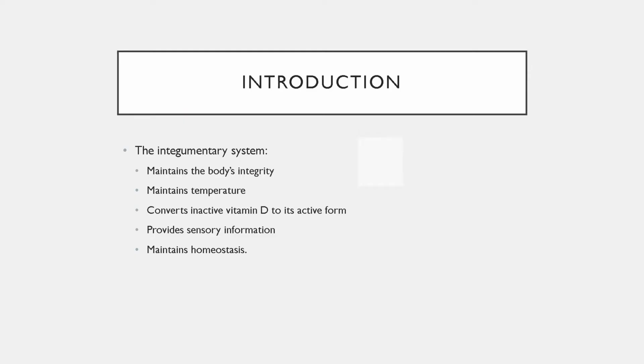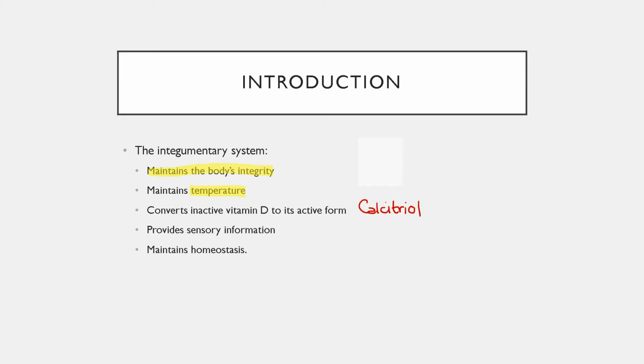Now, the integumentary system has 6 main functions. It protects the body from the external environment. So in other words, maintaining the integrity of the body, protecting it. It regulates body temperature. It converts vitamin D into its active form, which is calcitriol, and that will come up later.